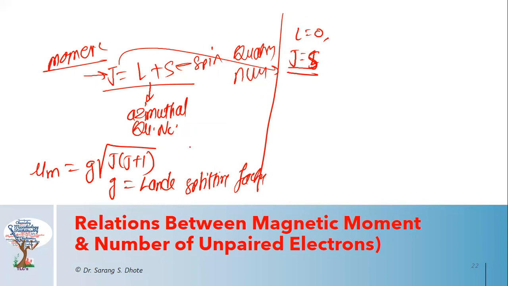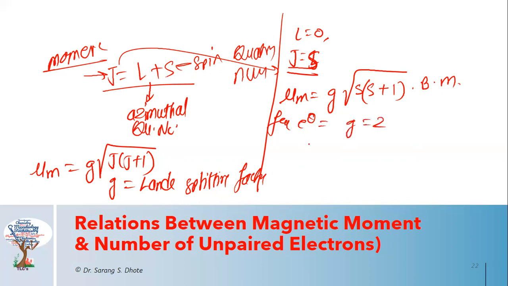Now put this value here. Instead of J, we can write S, so that mu is equal to g under root S, S plus 1, into Bohr magneton.